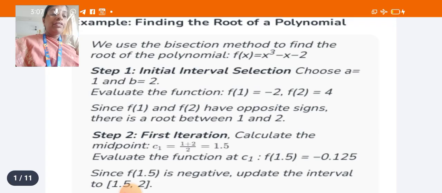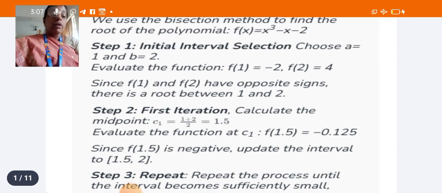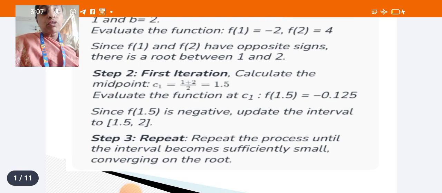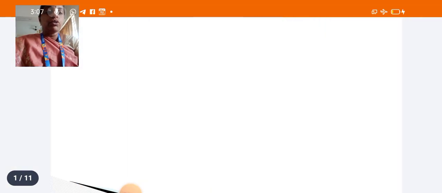Step 2, the first iteration: calculate the midpoint c1 = (1 + 2)/2, that value is 1.5. Evaluate the function at c1: f(1.5) = −0.125. Since f(1.5) is negative, update the interval to [1.5, 2]. Repeat this process until the interval becomes sufficiently small, converging on the root.